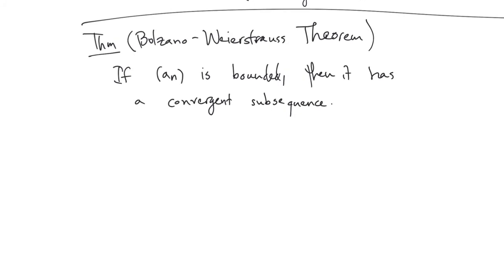I would encourage you, later on today, if you like, go on YouTube and search for Bolzano-Weierstrass. If you just type Bolzano-Weierstrass, it will try to complete the phrase for you. The first choice will be Bolzano-Weierstrass theorem, because that's what it is. The second choice will be Bolzano-Weierstrass rap.